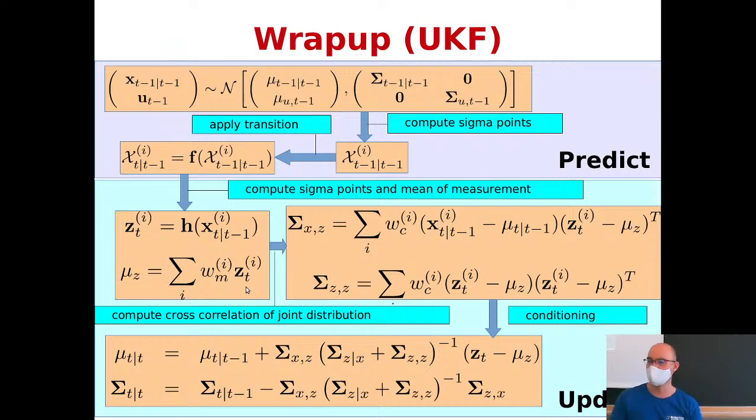Now I have a family of predicted measurements. I compute the mean. After I have the mean, I keep these little tiny sigma points of Z, and I can compute both the cross correlation of the joint and the covariance matrix of Z, which is the contribution to the covariance matrix of Z in the joint distribution coming from the noise in the state, which is sigma ZZ.